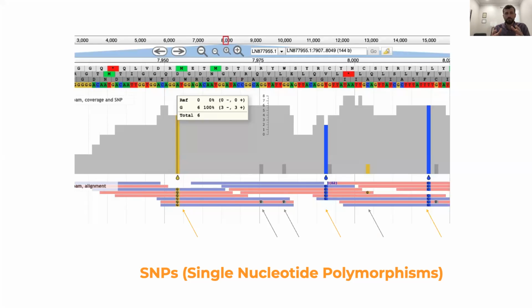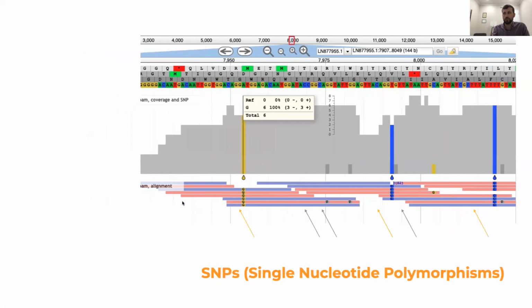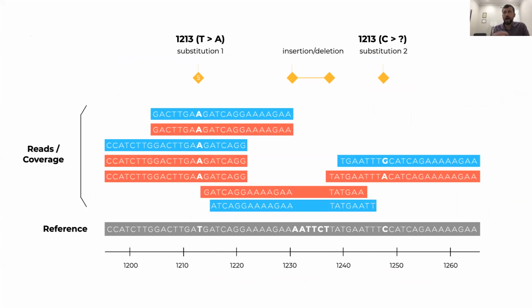Now, importantly, this type of analysis is based on alignment of reads to the reference genome. This is an example of a single sample aligned to the reference genome. If it is aligned to the reference genome, we can very confidently identify some changes because they are present in multiple reads. If they are present in all of the reads, we will have high confidence.